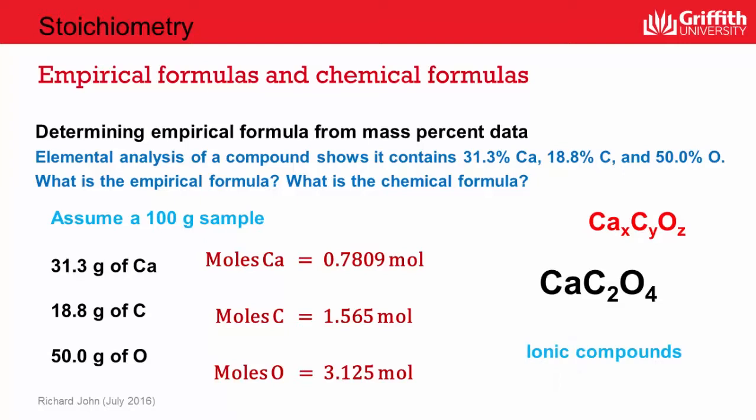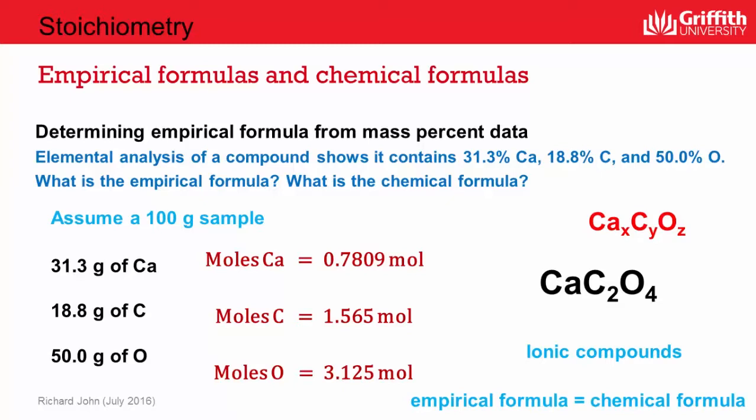As I said, this is an ionic compound, and we've already noted previously that the empirical formula and the chemical formula for an ionic compound are identical. So CaC2O4 is not only the empirical formula, it's also the chemical formula in this case.